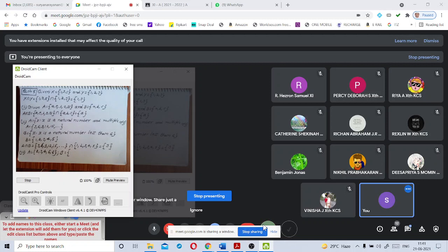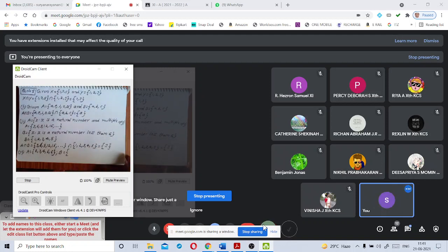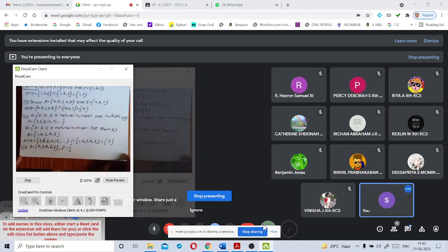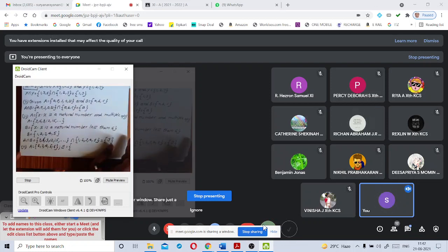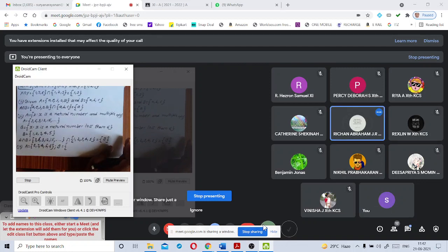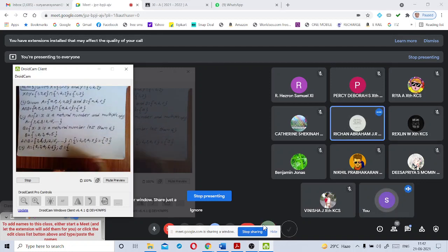That natural number should be greater than 6 but less than 10. Can you tell me the elements of set B? 7, 8, 9. Very good. 7, 8 and 9 only.